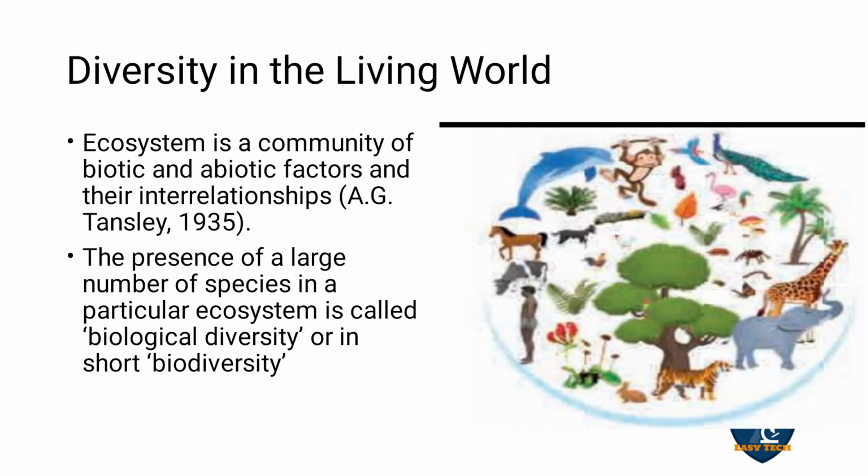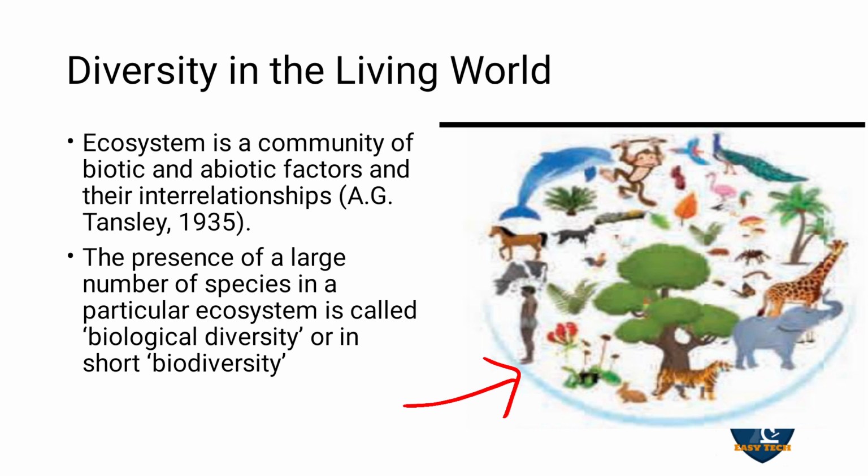First we will discuss diversity in the living world. Some plants and animals and even man are all living things, but they have different ways of lifestyle. So that is the ecosystem.